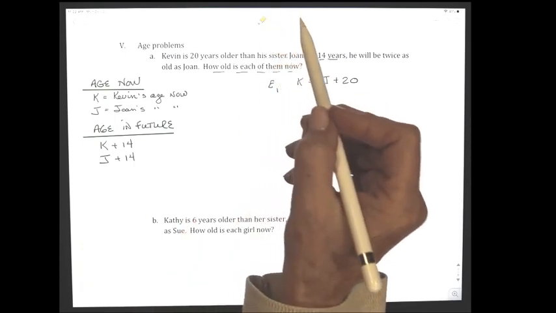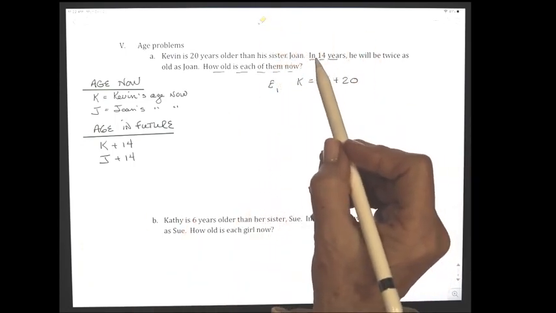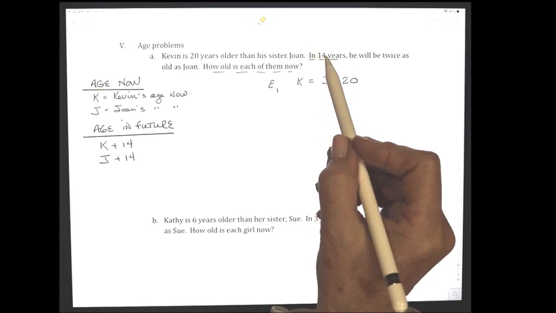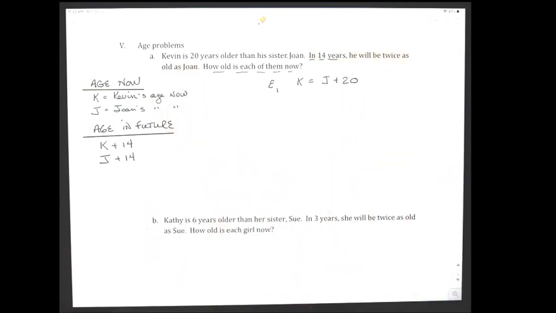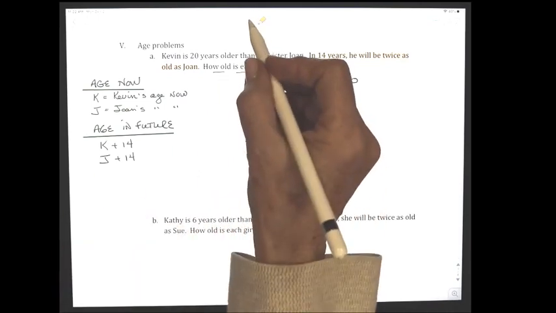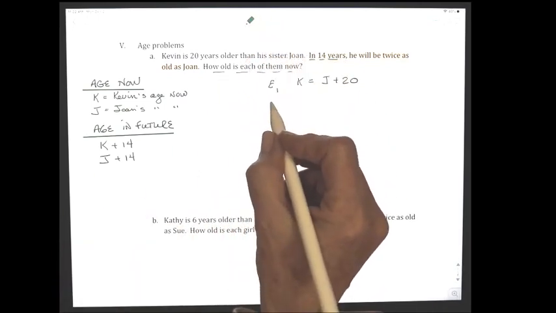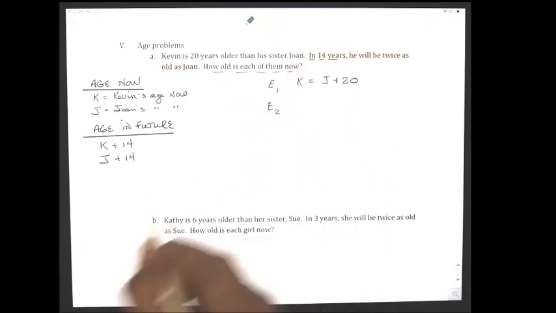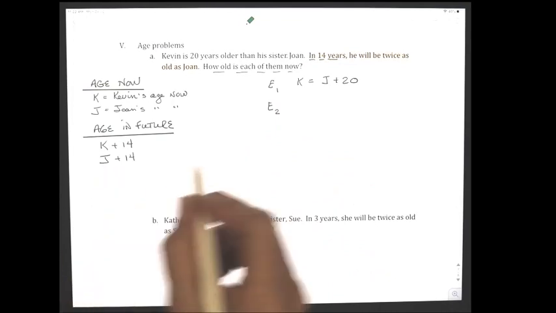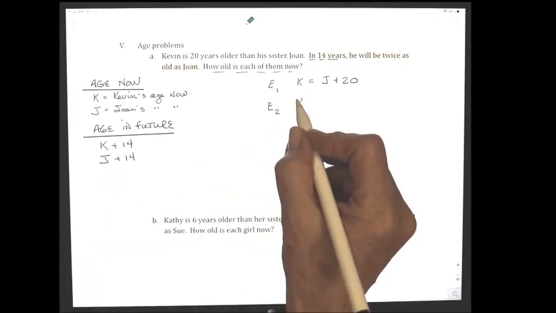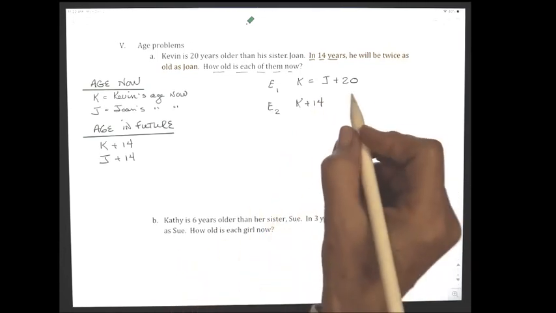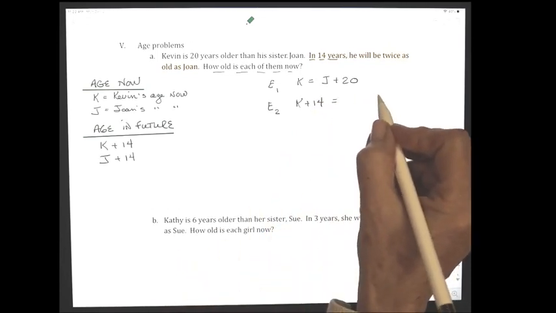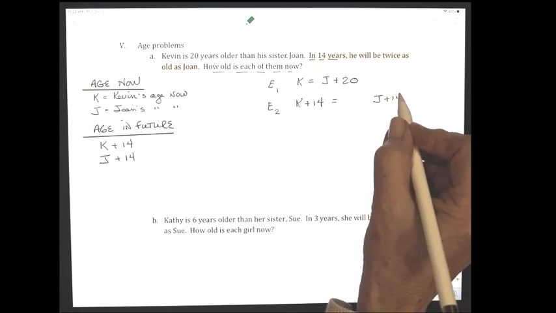So let's go over here and see if we can get this second equation. In 14 years, he will be twice as old as Joan. So there's my equation number 2. In 14 years, his age will be K plus 14. Her age will be J plus 14.